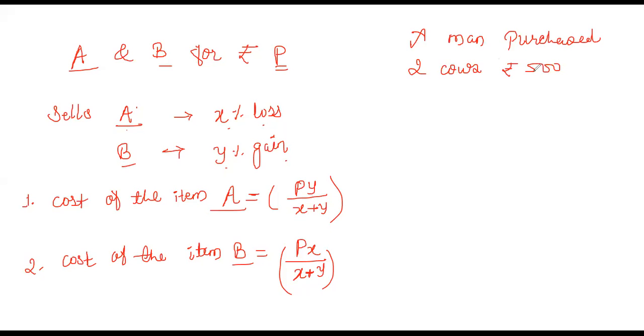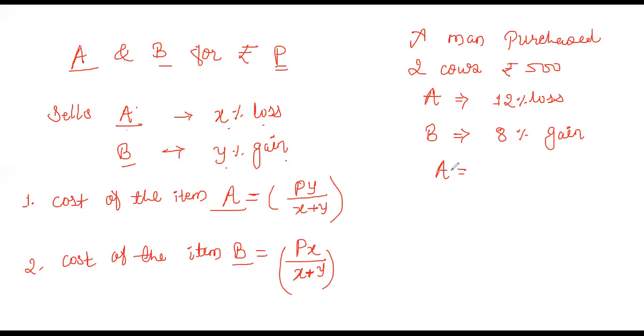Okay, he sells the first cow, consider that A, at 12% loss, and the second cow at 8% gain. In this bargaining he neither gains nor loses. Find the selling price of each cow.